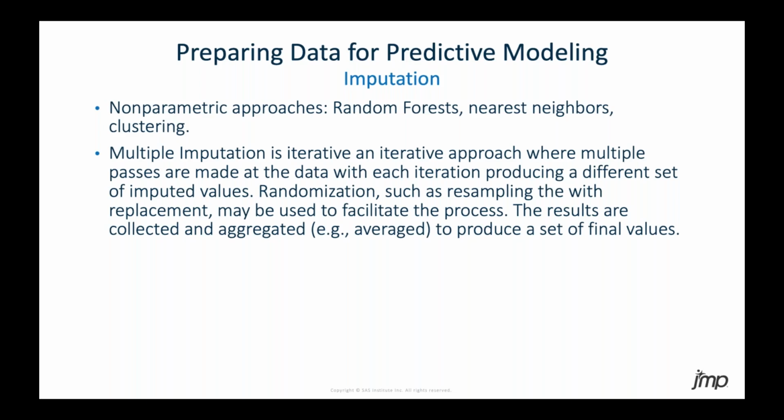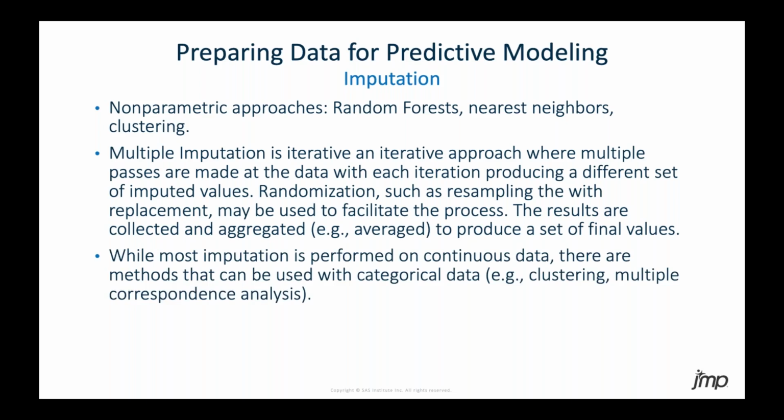Randomization is often a part of multiple imputation, so that you get some sort of resampling to facilitate the process. Once you're done with your multiple passes through the data, they're collected and aggregated in some fashion, and the way they're aggregated really depends on the algorithm that gets used.